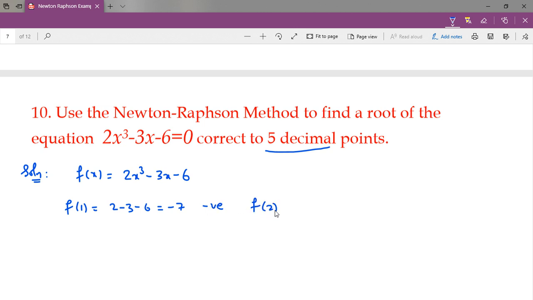So it is negative. So check for f of 2. F of 2 is 16 minus 6 minus 6, which is equal to 4. So that is positive.